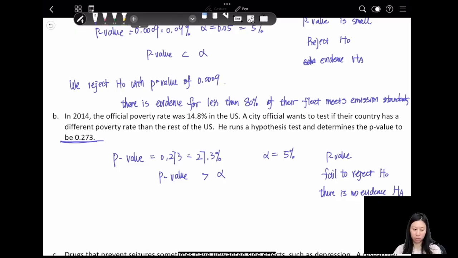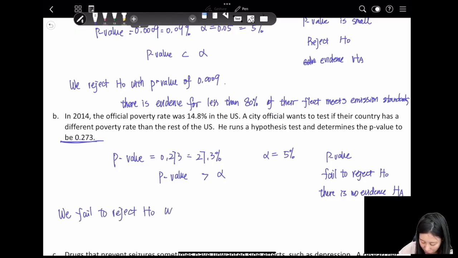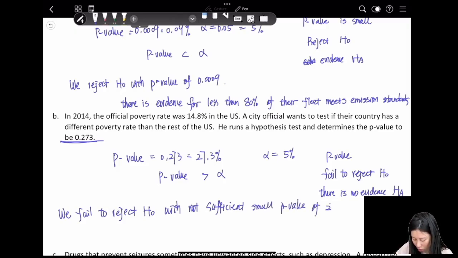Okay. Now let's state that we fail to reject our null hypothesis with a p-value, or we can give more details, such as with a not sufficiently small p-value of 27.3%.